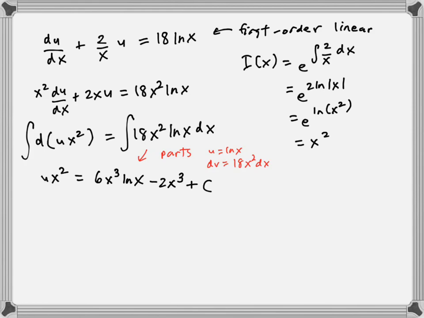Remember what our u substitution was earlier. u was y to the 2/3. So if we replace u with y to the 2/3, we end up with y to the 2/3 times x squared is equal to 6x cubed natural log of x minus 2x cubed plus c.